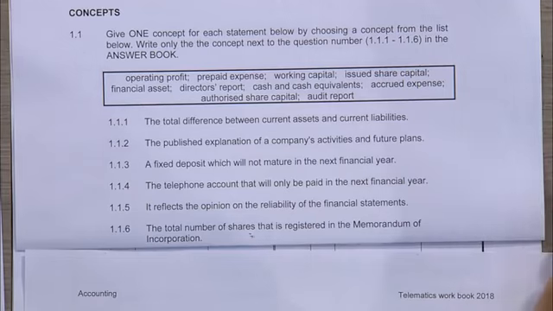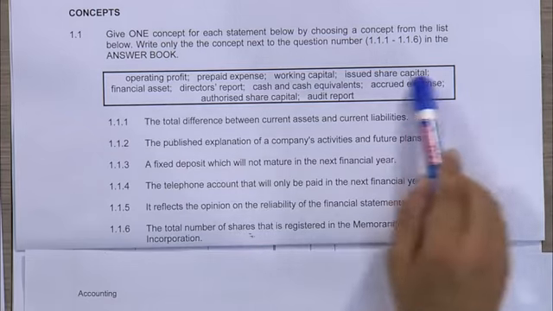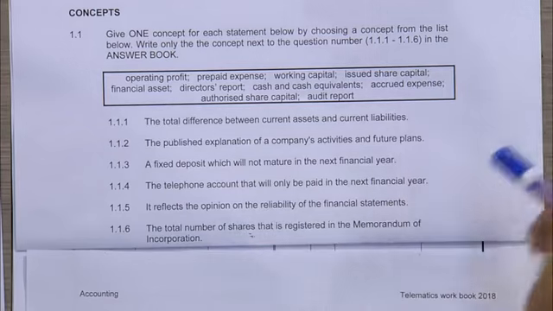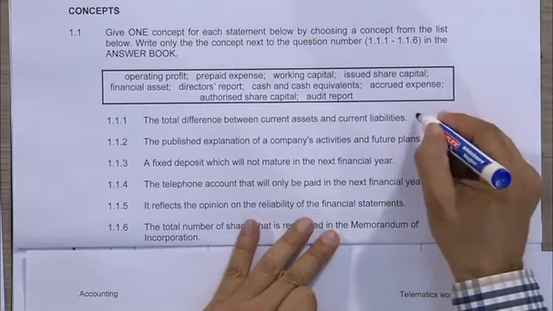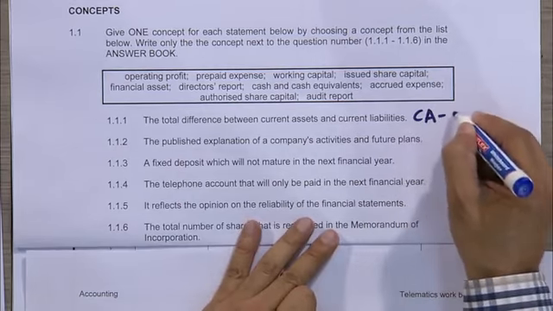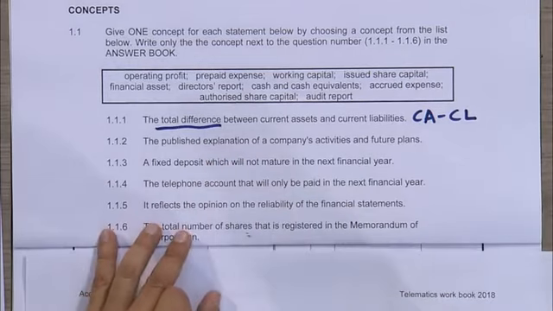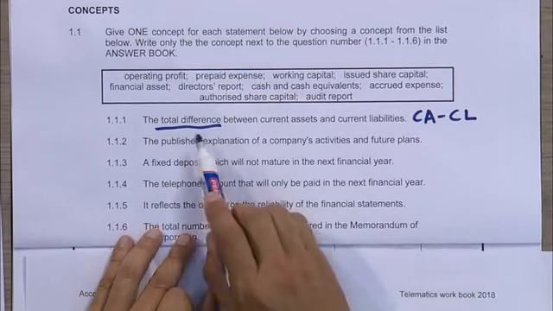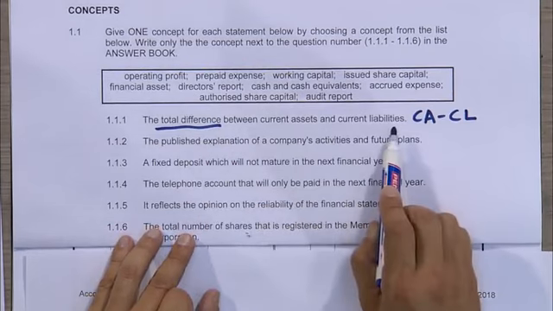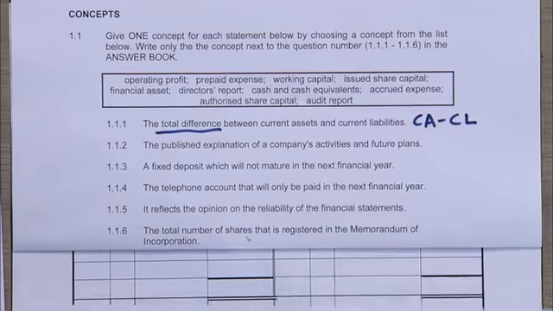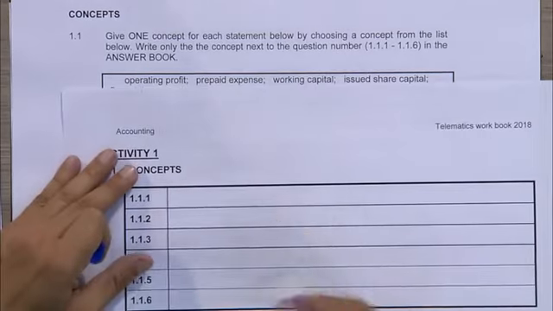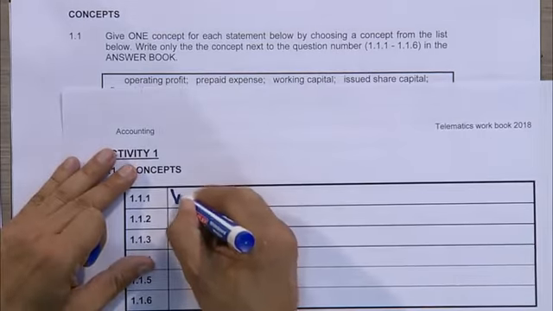Okay, so 1.1.1, it says the total difference between current assets and current liabilities. Okay, so if I look at the options available to me, it says current assets minus current liabilities, because they're talking about the difference. So current assets minus current liabilities is what we know as working capital.